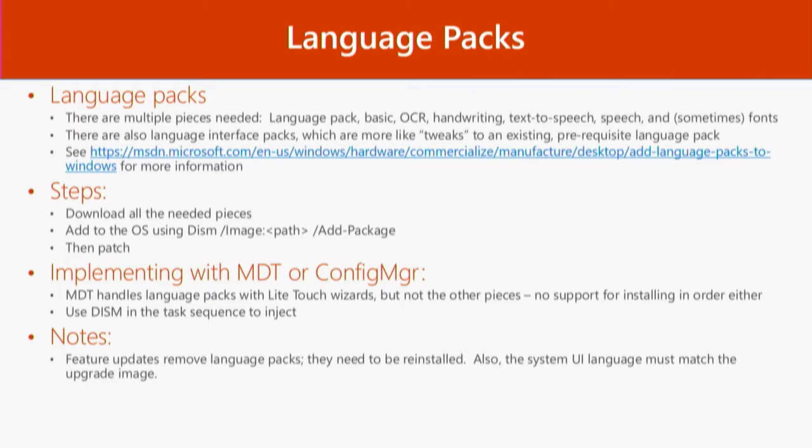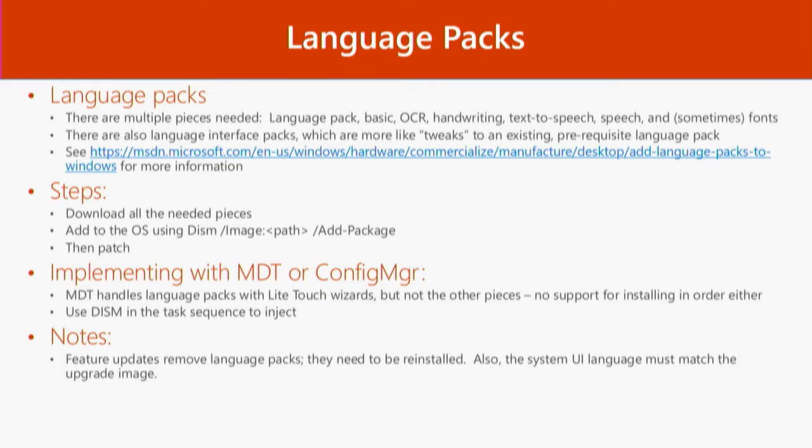The language pack itself is pretty simple. We just need the ES-ES cab file to add Spanish support. But then we also need maybe one or more language interface packs if we needed to support some other variation of that language. We need a basic package to get spell checking, text prediction, word breaking, hyphenation. We may need some fonts, depending on the language.